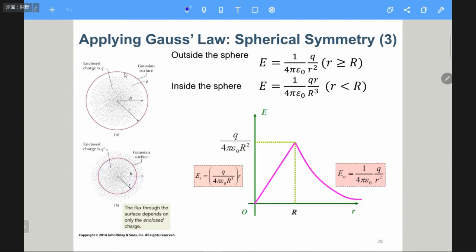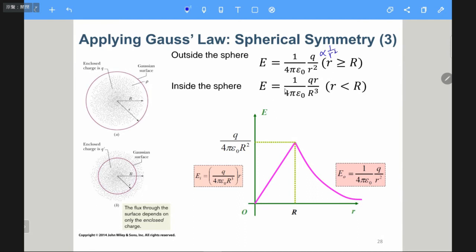So we don't repeat because, although the charge distributions are a bit different, the Q enclosed is actually the same, and the left hand side is still the same. So E should be something like this if we apply the Gauss law for this one. So this one is inversely proportional to r squared.